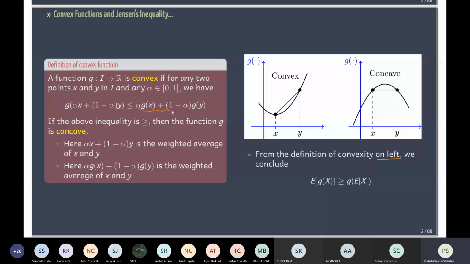I've written this guy as the first term here now, and the left term is the second, and this is the greater than equal to. So for convex, this is what we are expecting. Expectation of the g of x is greater than equal to g of expectation of x. So a usual property of convex function can now be written like this.